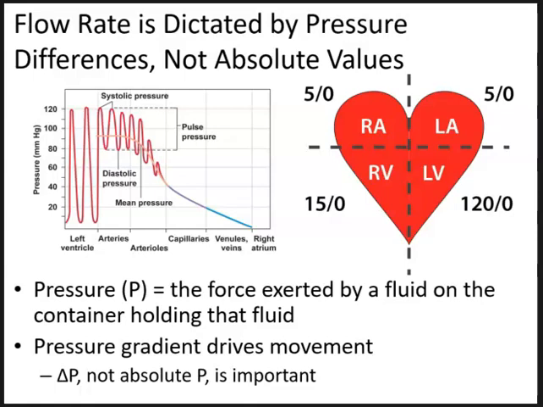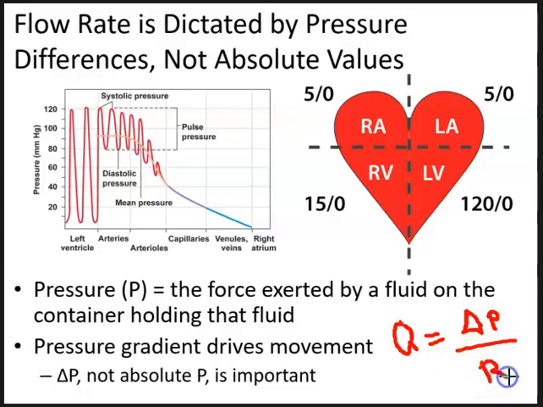Starting off with the formula: flow equals the change of pressure, or the pressure gradient, over the resistance. So I can write that. Q represents flow, and we'll get into those different variables in just a little bit. Flow, Q, equals the change in P, or pressure, the pressure gradient, divided by the resistance.